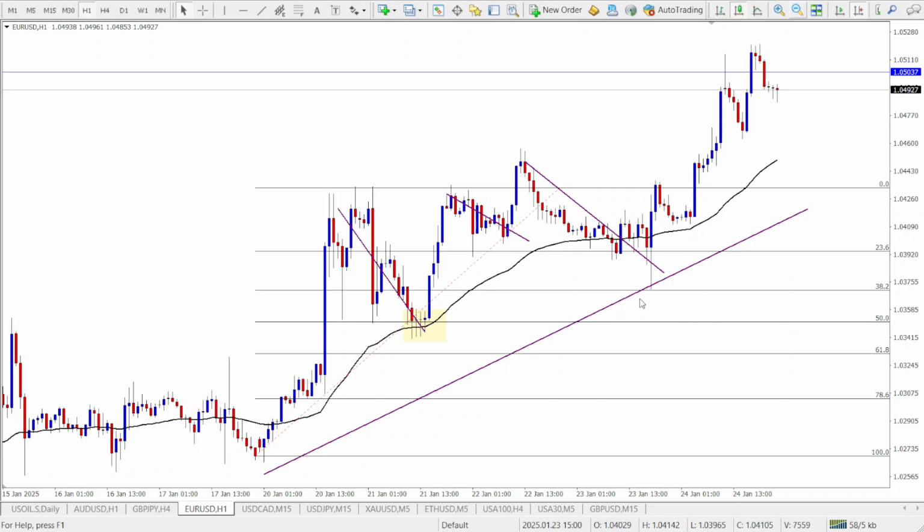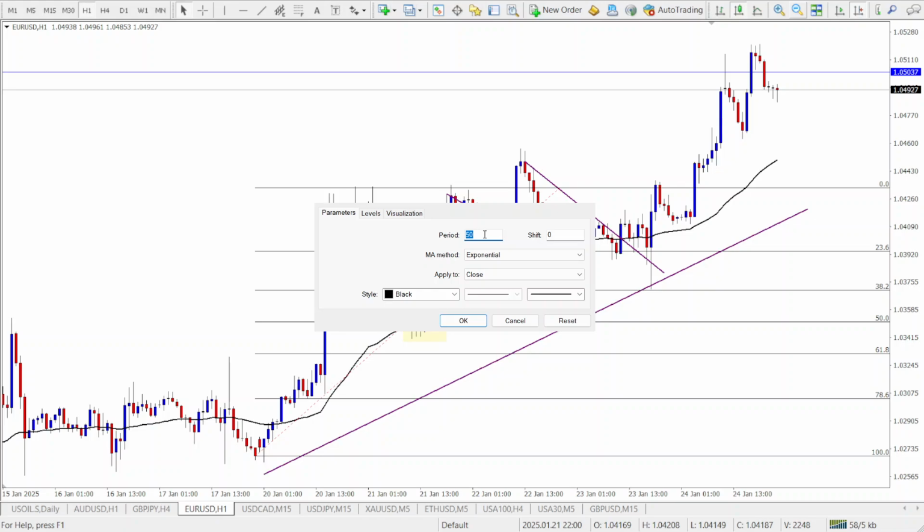Indicators can help fine-tune your execution. Here are a few that work well with the slingshot trading strategy. As for moving averages, you can see I added the 50 EMA. You can use the 50 EMA or the 200 EMA to identify the direction of the trend and dynamic support or resistance levels.